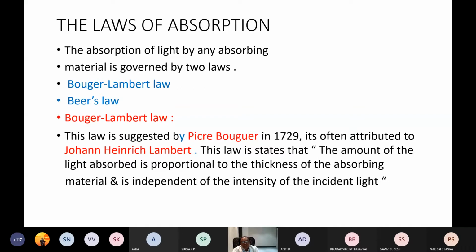This was suggested by Bouguer in 1729 and is often attributed to Lambert, who worked more on it, and that's why it is also called the Beer-Lambert law. This law states that the amount of light absorbed is proportional to the thickness of the absorbing material and is independent of the intensity of the incident light.